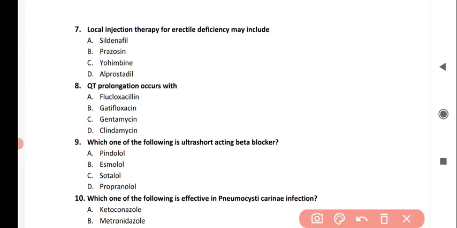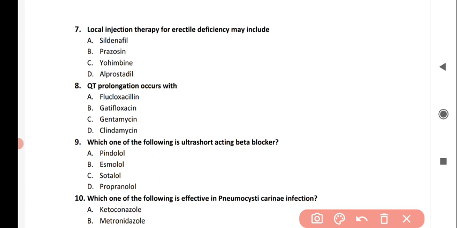The question is: local injection therapy for erectile dysfunction may include. So we have to find among these drugs which is given in the form of local injection therapy for the treatment of erectile dysfunction.